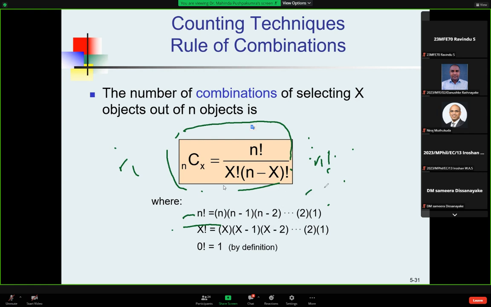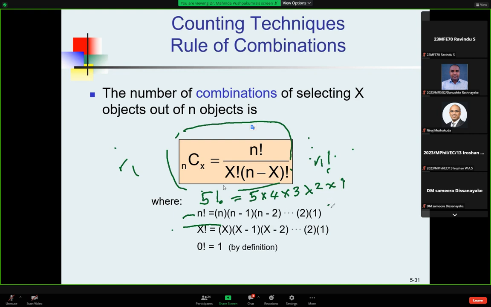As an example, if you take 5 factorial, this is equal to 5 into 4 into 3 into 2 into 1.